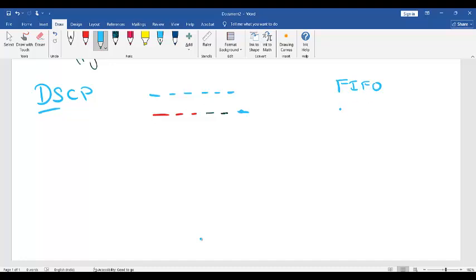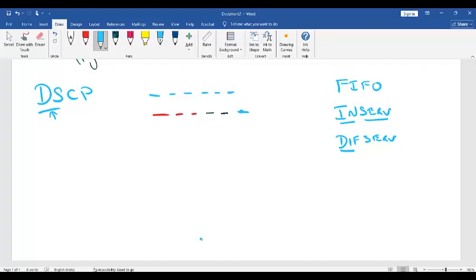The second one is INTSERV, which is nothing but integrated service. And then DIFFSERV. This DIFFSERV is what you see here, differentiated service.